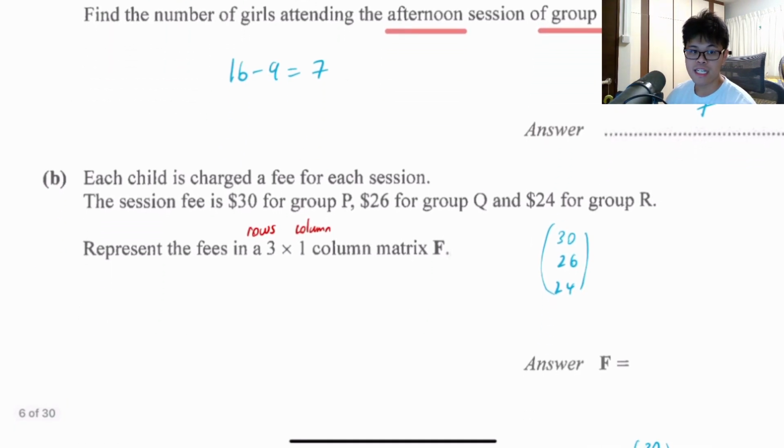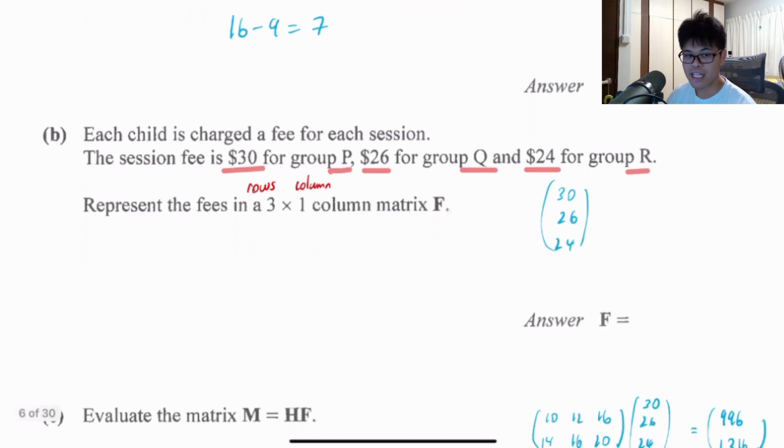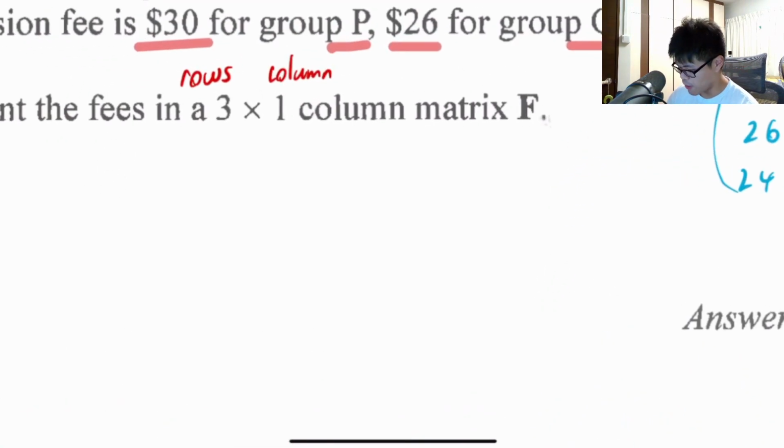Next, each child is charged a fee for each session. Session fees are $30 for group P, $20 for group Q, and $24 for group R. And they want to represent this fee in a 3x1 column matrix F. So 3x1 stands for 3 rows and 1 column.